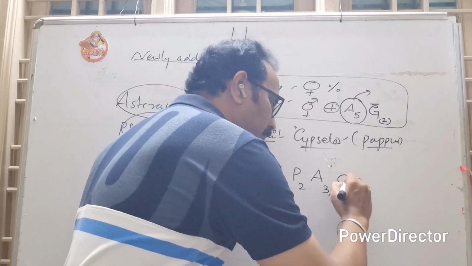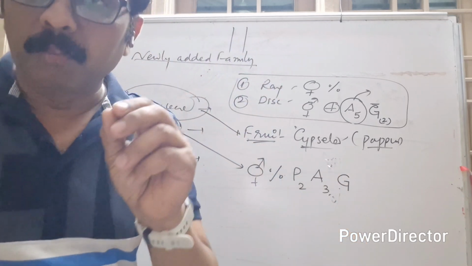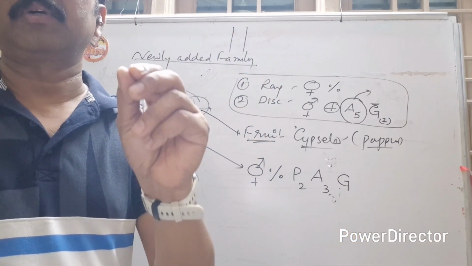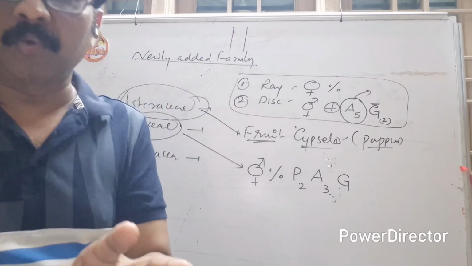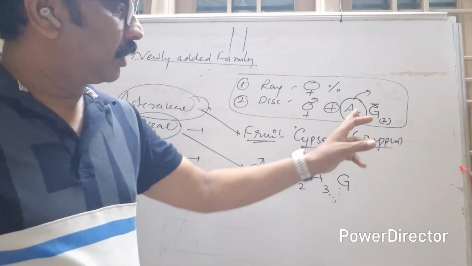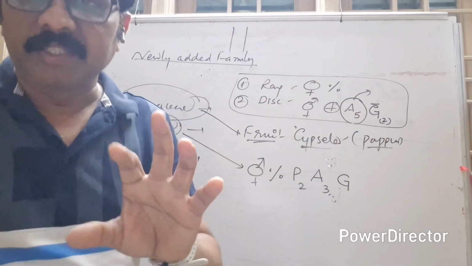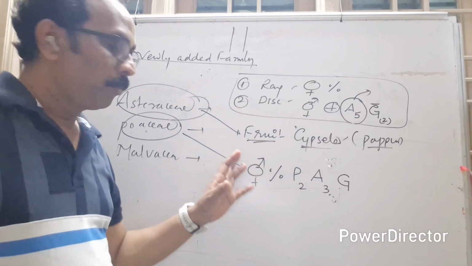The gynoecium is monocarpellary, with a superior ovary and basal placentation. You have to remember these things regarding Poaceae.